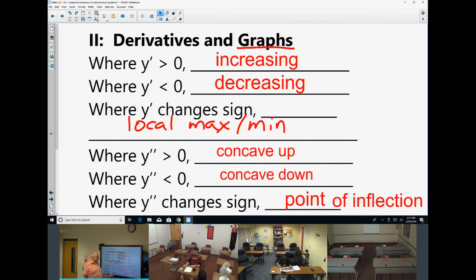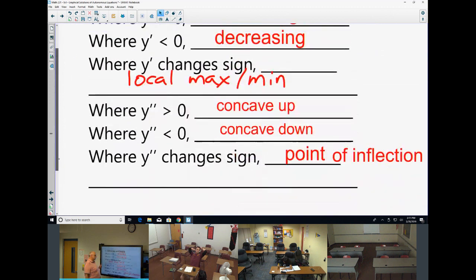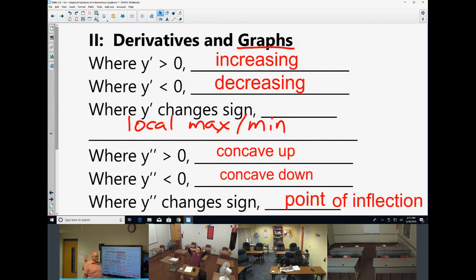And where the second derivative changes sign, that's where you have a point of inflection. Okay?